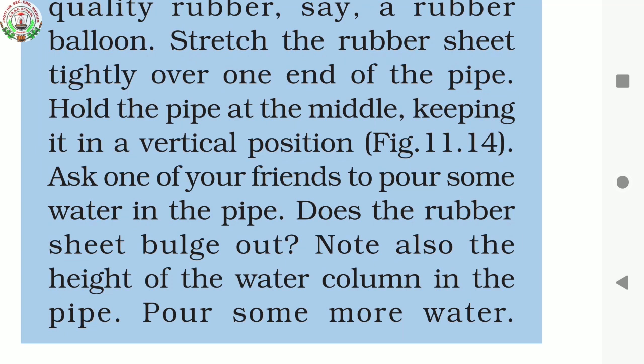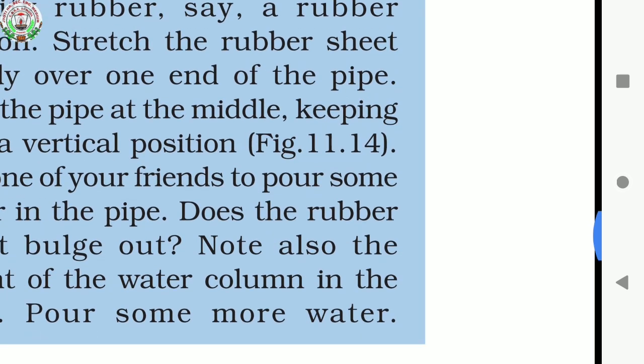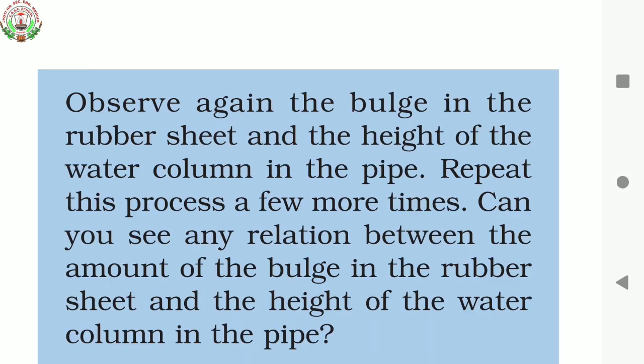Yes, you can see that the rubber sheet bulges out. Note also the height of the water column in the pipe. Pour some more water and observe again the bulge in the rubber sheet and the height of the water column in the pipe. Repeat this process a few more times.